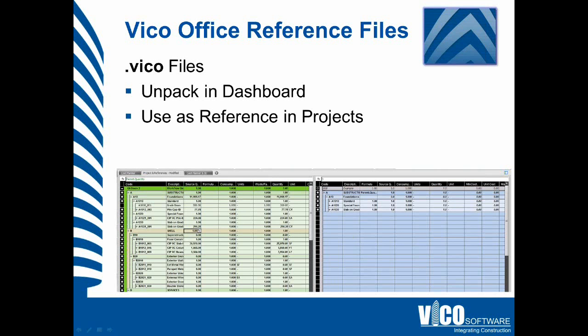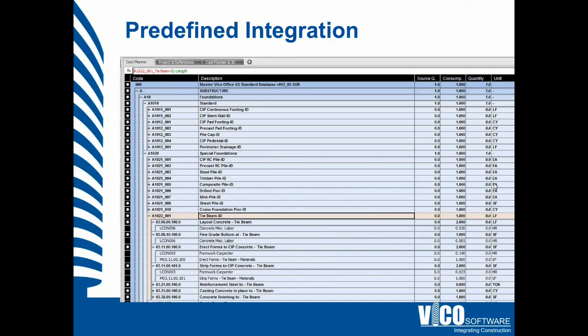And with that copy operation, the formula that was predefined will be included in your project as well, which means that it is ready to be linked with your model content. So predefined integration is really the huge advantage of using a warehouse and using the 5D data pack.